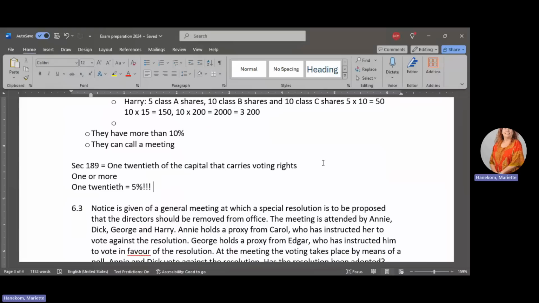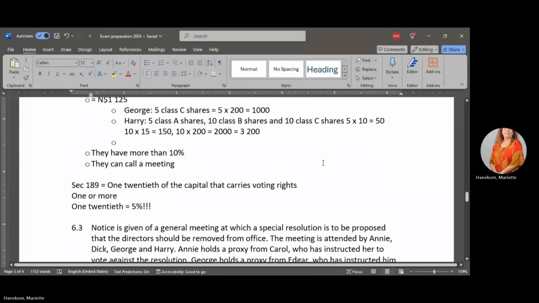And there were so many students that told me that they have 3% each, or 3% plus 3%, so they don't have 1/20th. It's 1/20th, it's not 20%. I was honestly quite shocked about that.